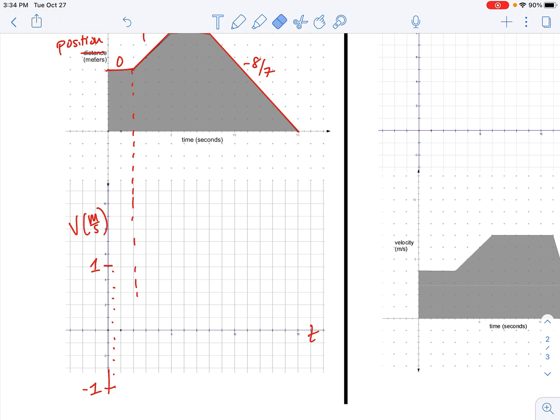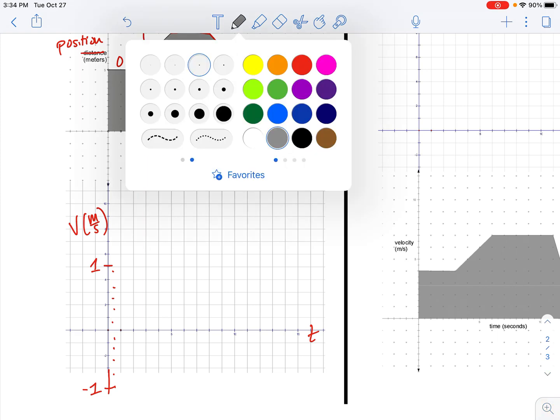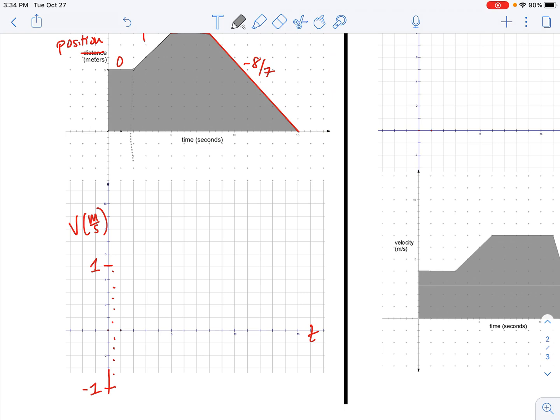Ugh, that looks terrible. Hang on. I'm going to have Notability help me out. There we go. Okay, so I'm going to draw in some dotted lines to keep myself on track. There we go. Okay.